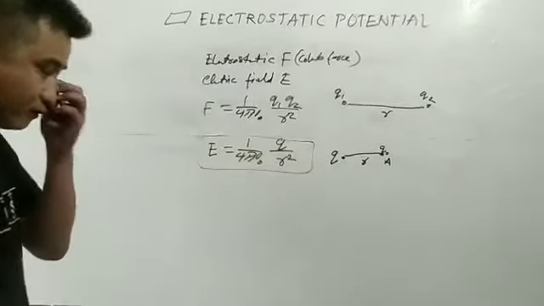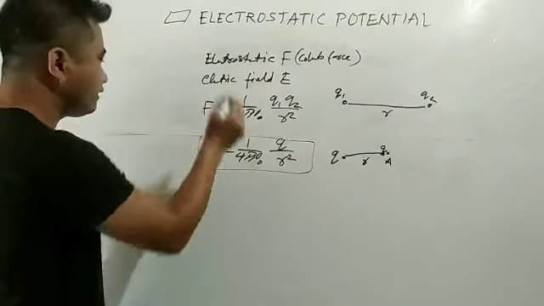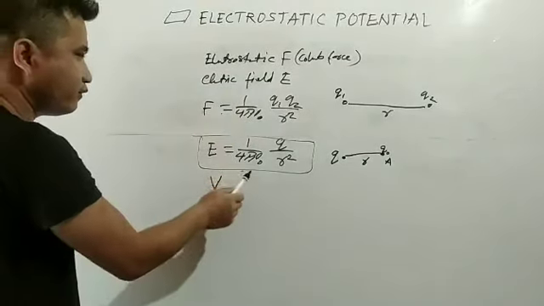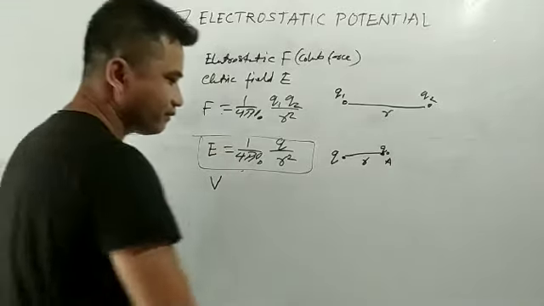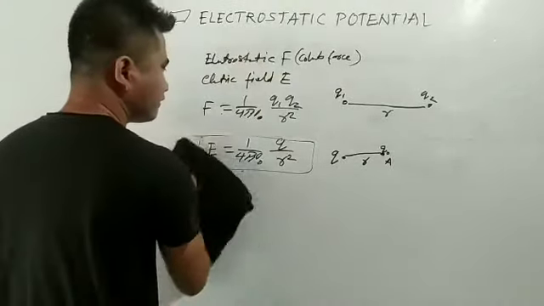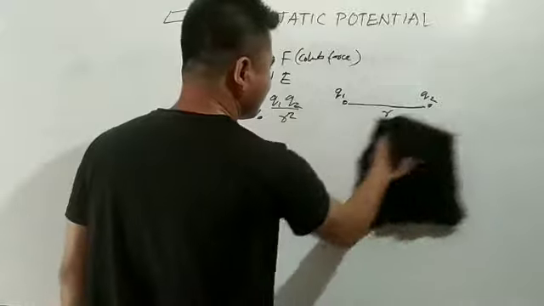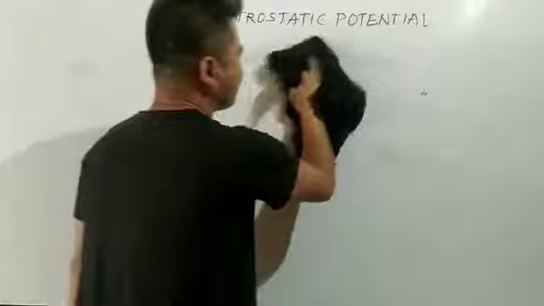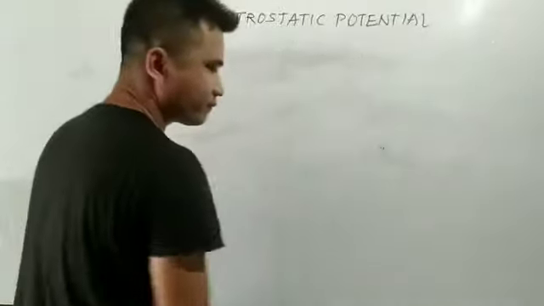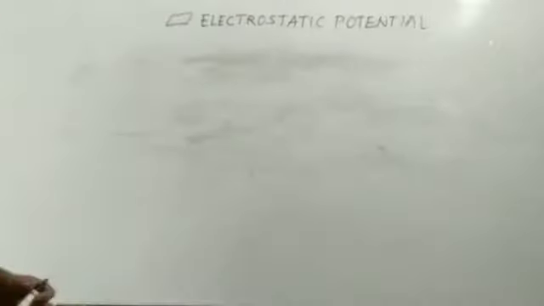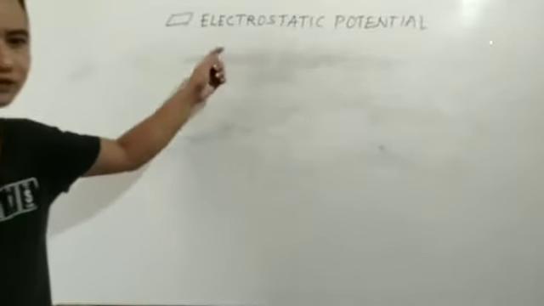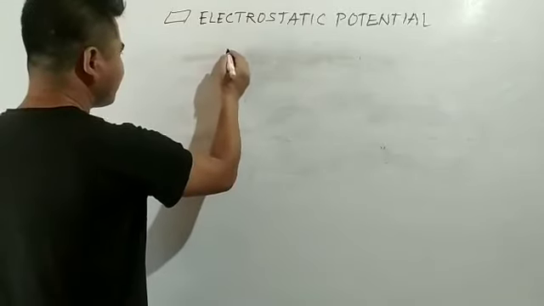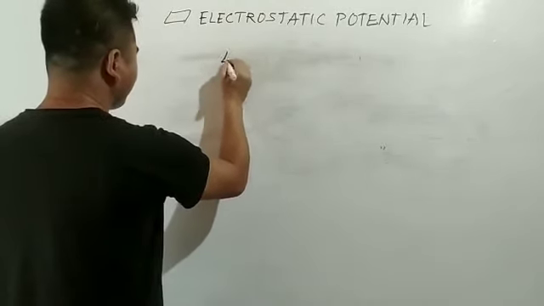Now today we will study what is electrostatic potential V. This formula you have to memorize. In order to understand what is electrostatic potential at any point, first we have to understand what is electrostatic potential difference.